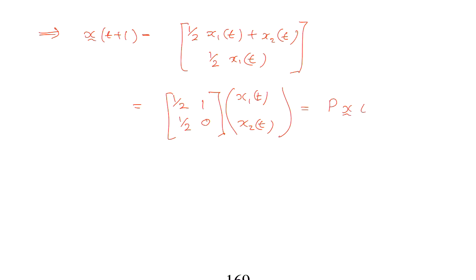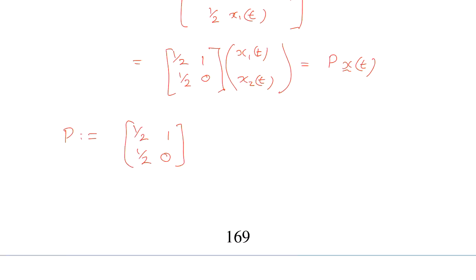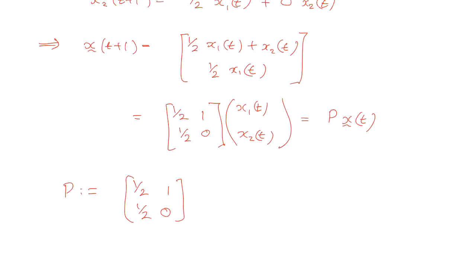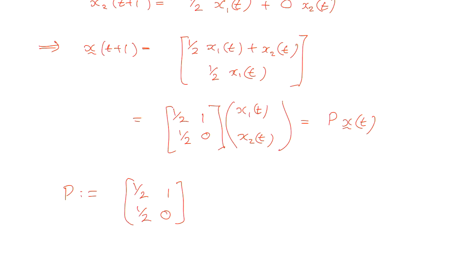And if we want to write that in vector notation again, we can, where we've got this matrix we're introducing, which is just this thing sitting here, half 1, half 0. Okay, so we've got, in this particular example, that x_{t+1} is just P times x_t.